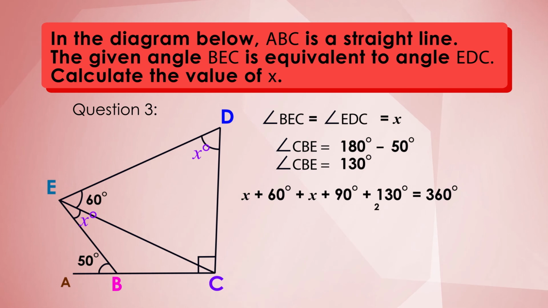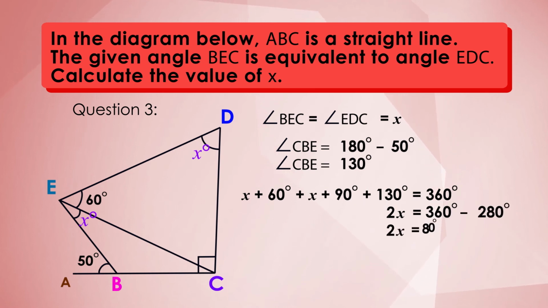We will get 2x equals 360 degrees minus 280 degrees. Therefore, 2x is equal to 80 degrees and x is equal to 40 degrees. Well done! I hope you have also managed to get these solutions.